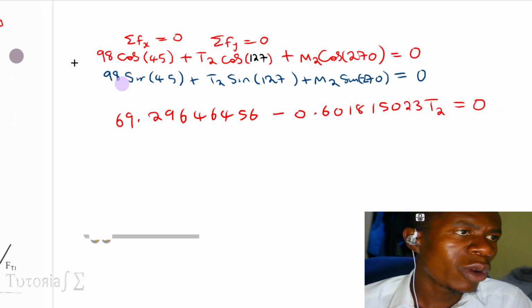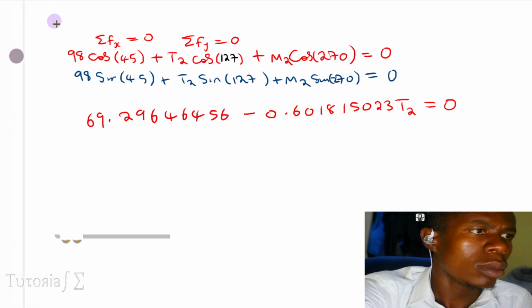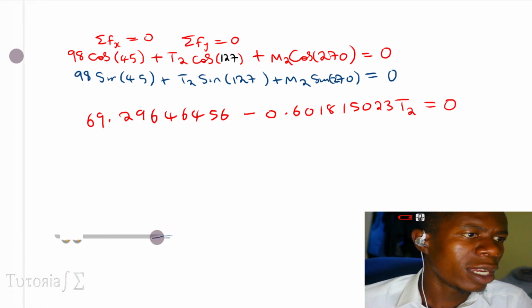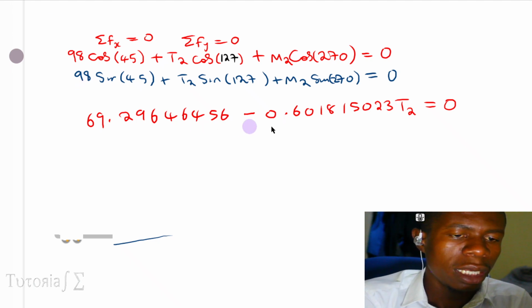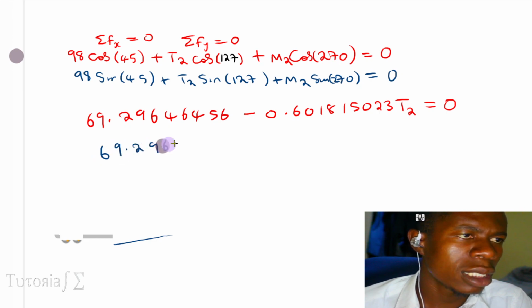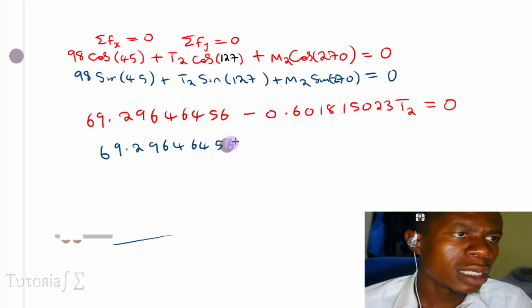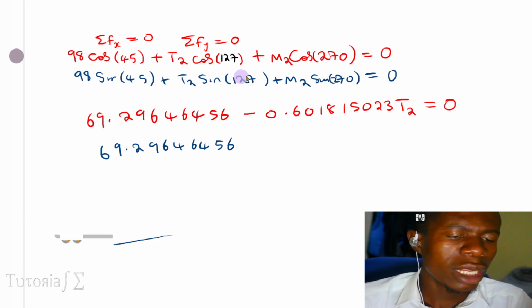Then for this one we can also simplify. So that is 98 sine 45, which is giving me 69.2964646 as well. Then T2 sine 127.